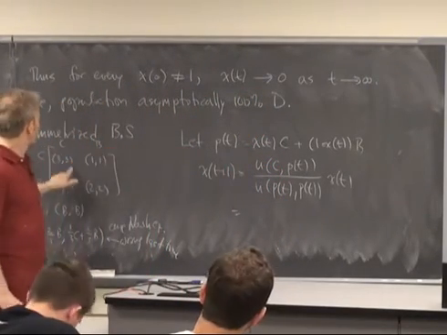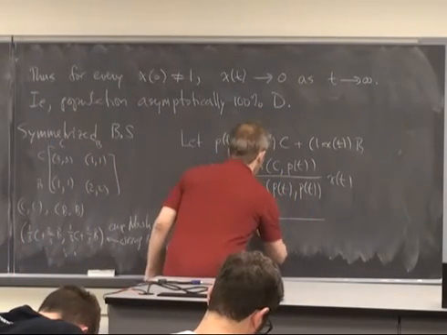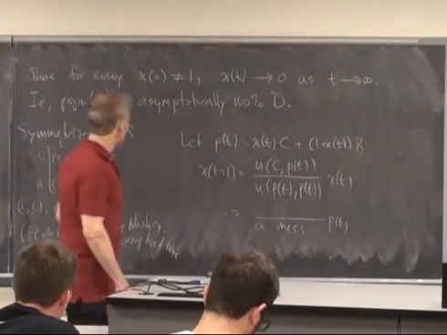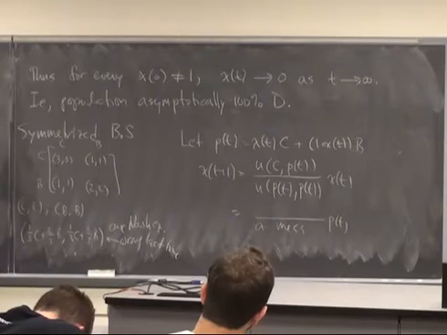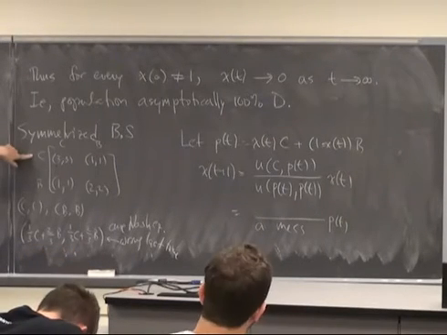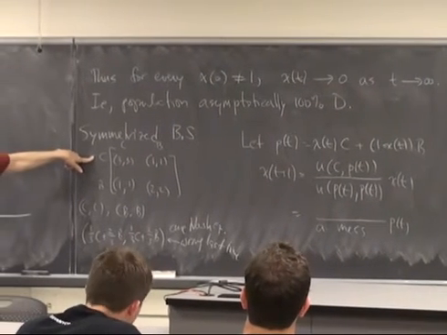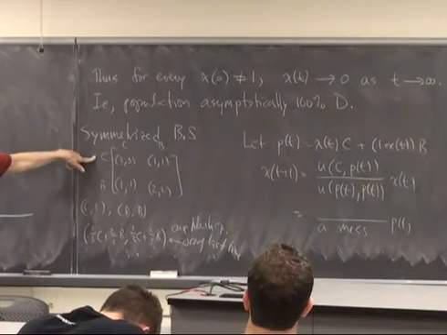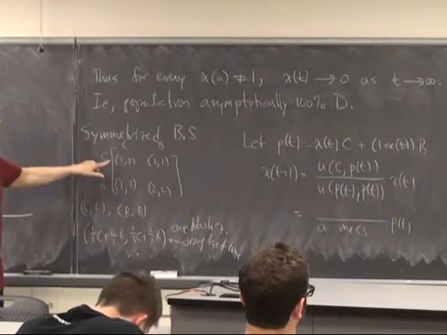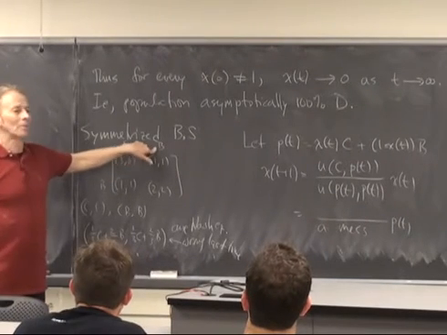U of C against p of t is going to be what? I want someone to tell me what this is. So I'll put a mess in the denominator and p of t over here. And somebody tell me what U of C against P of t is in terms of x and numbers. What is the payoff to a C player against a mixed strategy that plays C with probability x and B with probability 1 minus x?